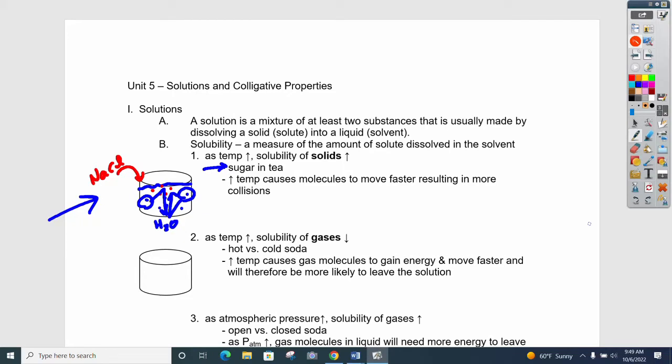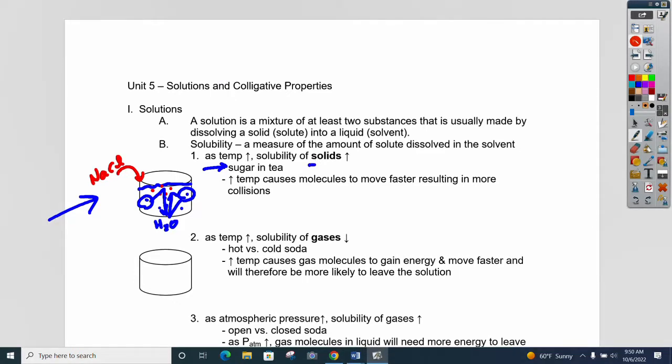So if you want to get more of a solute to dissolve, or you want that process to happen faster, you just increase the temperature. So controlling the temperature can affect the solubility of a solid.